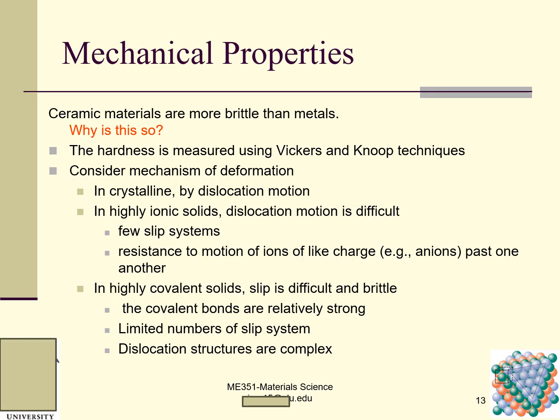So here, ceramic materials are more brittle than metal. Why is this so? Why is this so? So hardness is measured using Vickers and Knoop techniques.